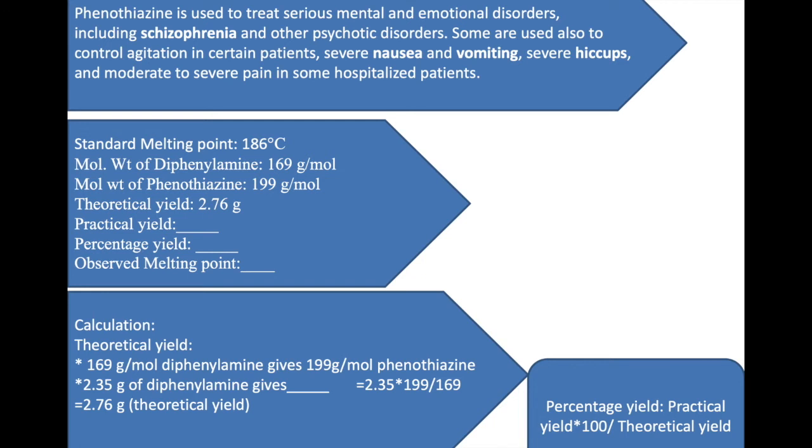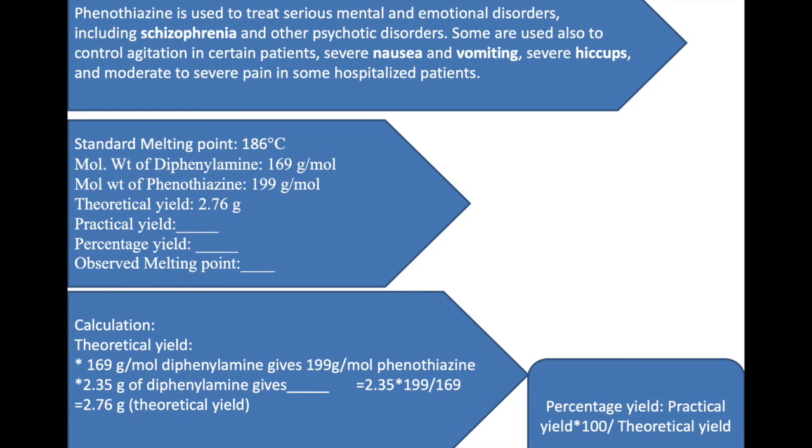Now let's calculate the theoretical yield. So 169 gram per mole of diphenylamine, if it reacts, gives 199 gram per mole of phenothiazine. We are taking 2.35 gram as per the procedure. If we take 2.35 gram of diphenylamine, then how much phenothiazine should we get?